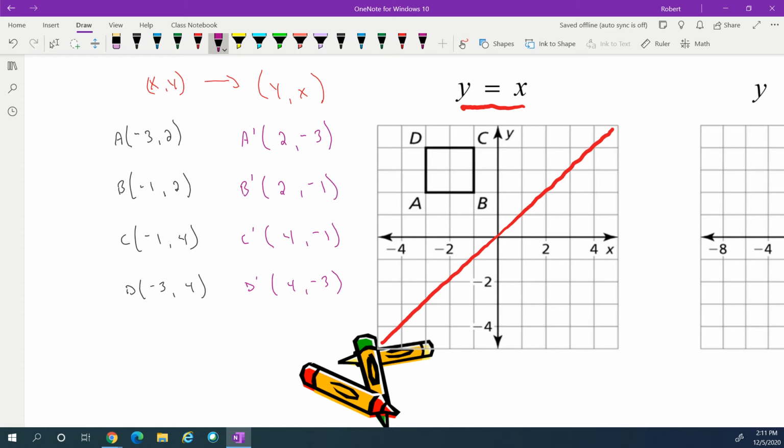Now let's plot our points. 2, -3, and that's our A prime. 2, -1 for B prime. C prime is at 4, -1.